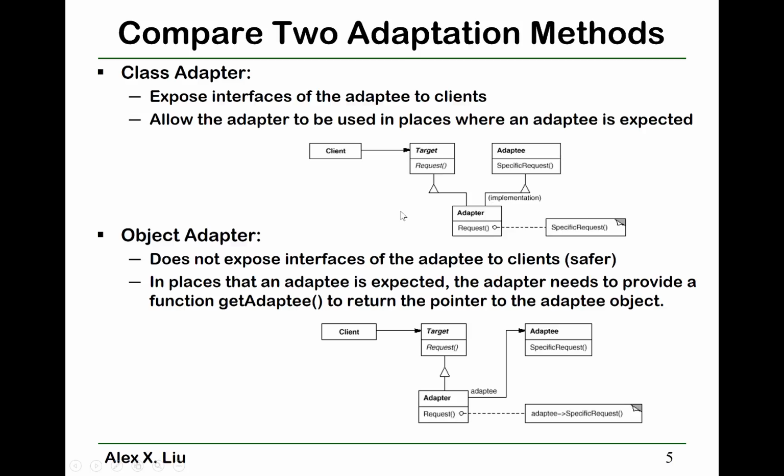So these two ways of doing adaptation both work in reality, and which way you choose depends on the application. As we said, in this class adapter, we expose the adaptee functions, the interfaces, to the clients, and this one does not.